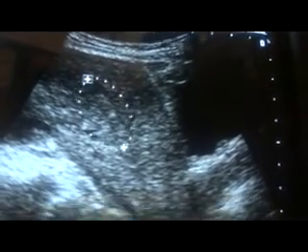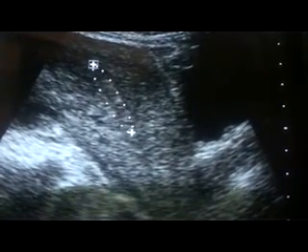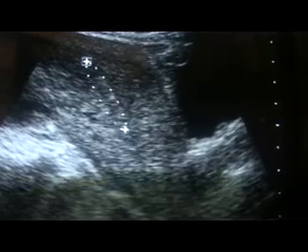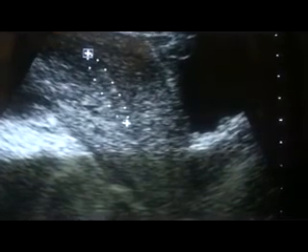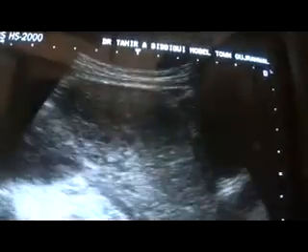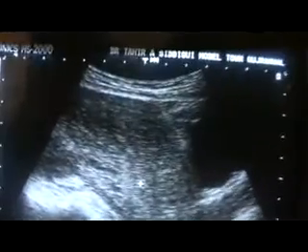And this area becomes continuous with the cystic area that we were seeing, and it is separate from the posterior wall of the uterus. It does not relate to the uterus, so a small amount of fluid is also seen posterior to the uterus in the pelvic cavity.